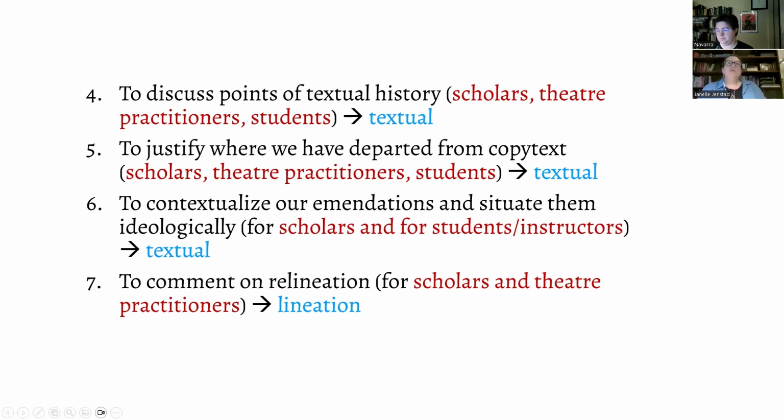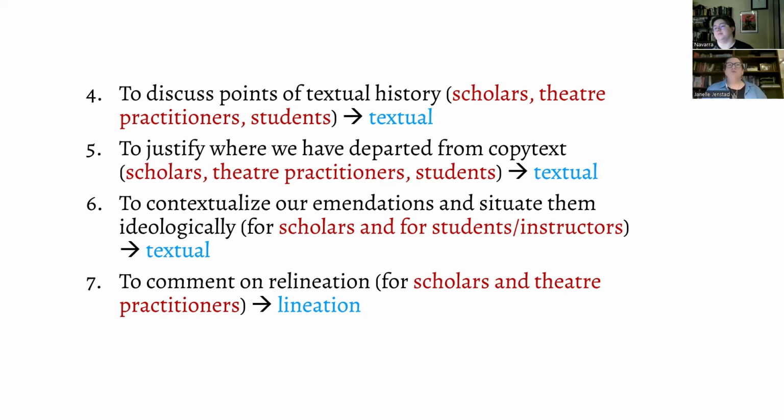We use textual notes to contextualize our emendations and situate them ideologically. So we certainly do that for scholars. And we also need to do it for students and instructors. So my favorite example is the kisses and sighs crux in Othello.